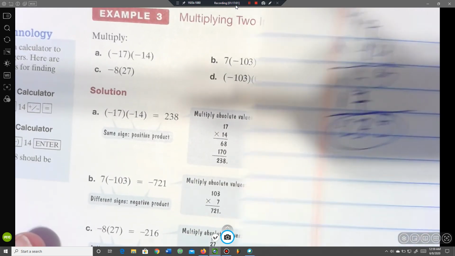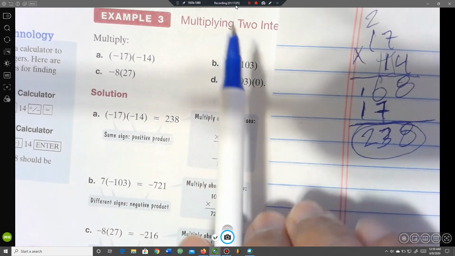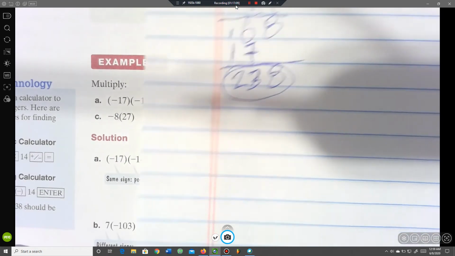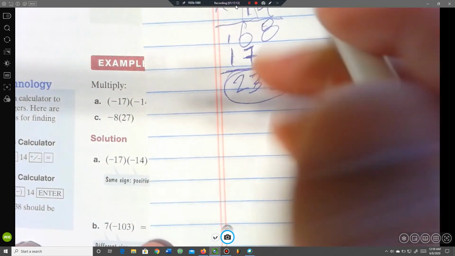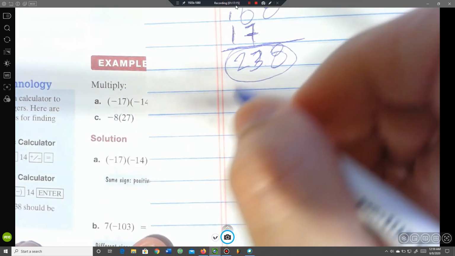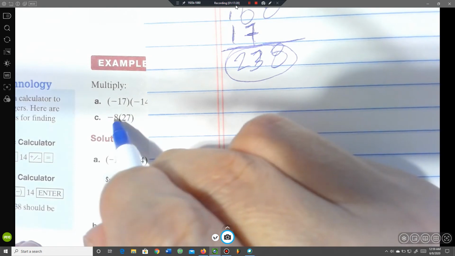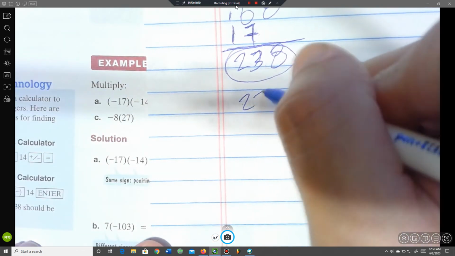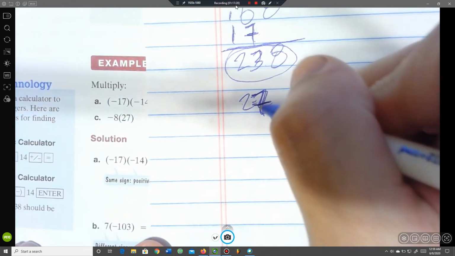I was trying to multiply items so we could practice multiplication, but let me go ahead and work this one out. Negative 8 times 27. And always remember to go back and look at your signs, because a lot of students forget about it and get the wrong answer.